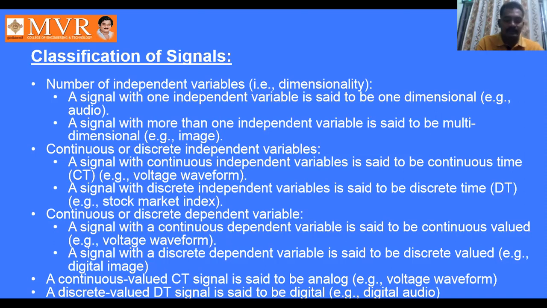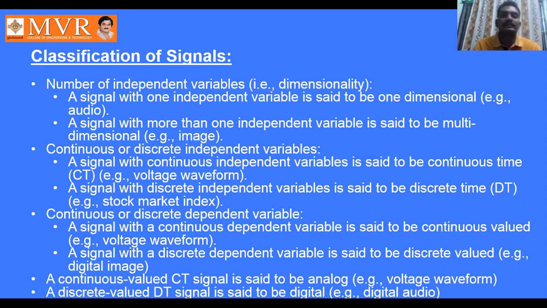It flows continuously with some voltage, suppose 2 volts, next 5 volts, next 6, like that. It flows with continuous independent variable values; that is called a continuous time signal, that is CT signal.